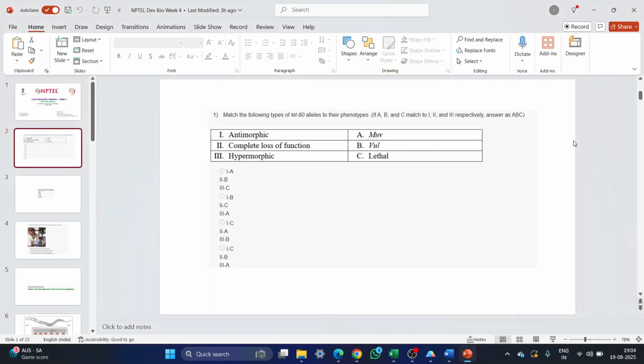Okay. So the question is, we have to match antimorphic, complete loss of function, and hypermorphic.